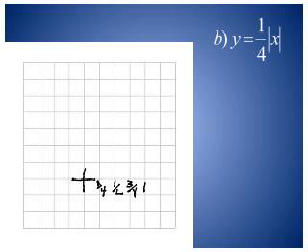Okay? So my parent function, I'm going to sketch that in. There's 0, 0. There's 1, 1 because I'm counting by fourths. And there's -1, 1. Okay? So if I take my y value of my vertex, which is 0, and multiply it by the 1/4, I still get 0. So my vertex for my new function stays at 0, 0.